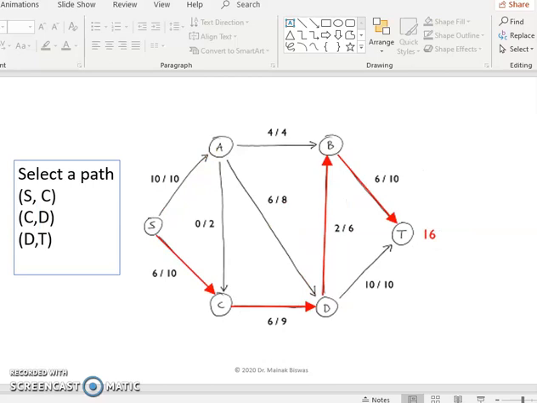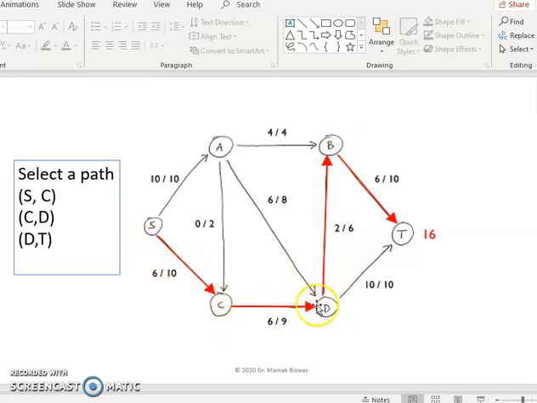Now we select another path, S to C, C to D, D to B, and B to T. Can you guess the bottleneck? B to T has 4 left, D to B has 4 left, C to D has 3, and S to C has 4.